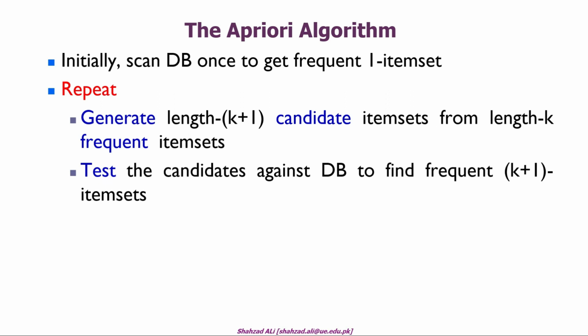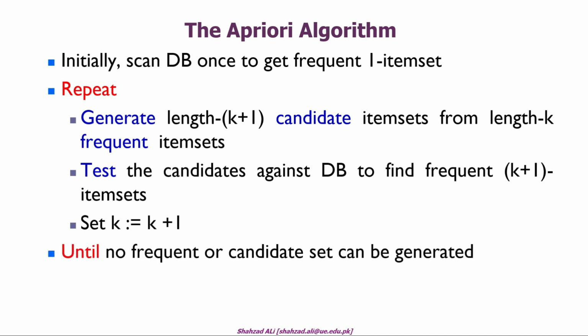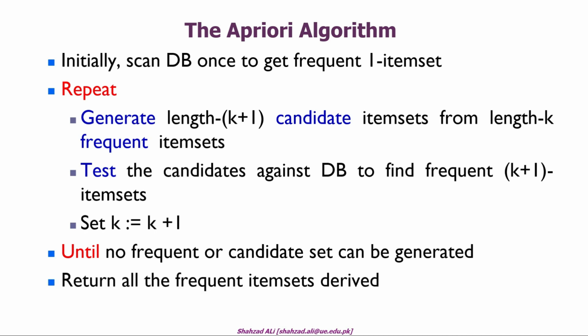Then you go against the database to test these generated candidates and find the frequent k+1 itemsets. At every iteration you set k to k+1, so you go on until no frequent itemsets or no candidate itemsets can be generated. After you exit the loop, you return all the frequent itemsets derived.